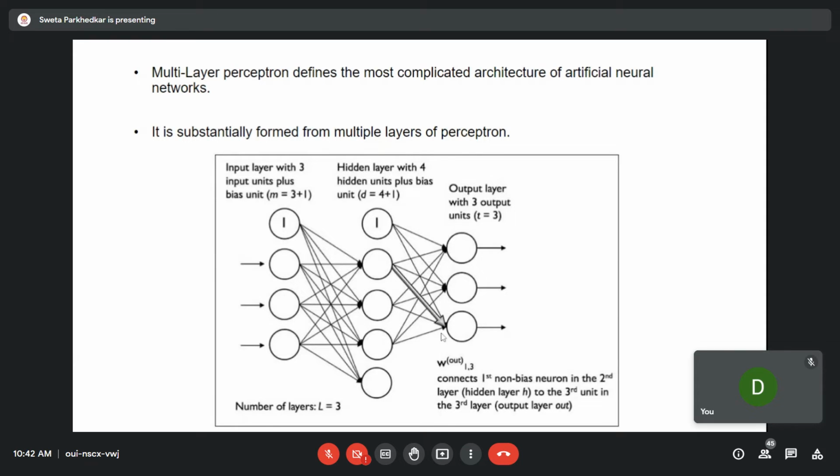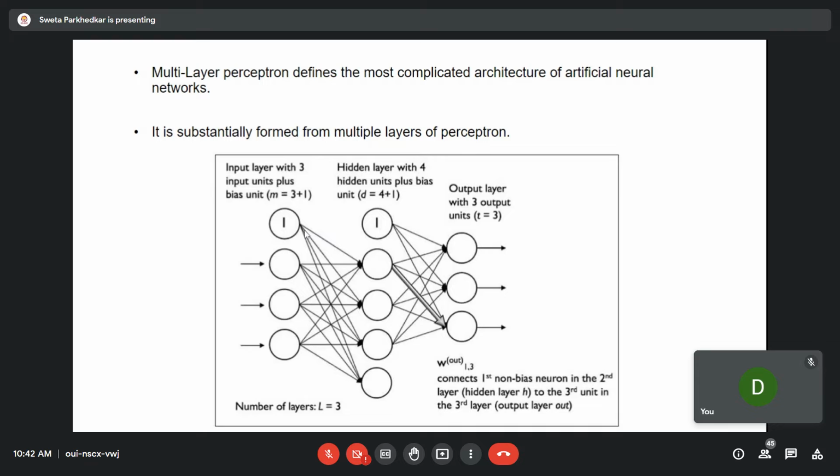Okay. So W out is the weights and it connects the first non-biased neuron in the second layer, that is the hidden layer of H, to the third unit.